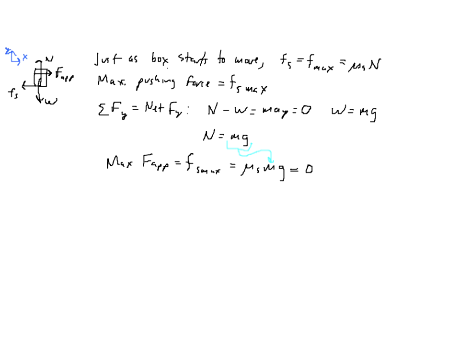So metal on wood, we'll just go with that, 0.5 times 120 kilograms times 9.8 meters per second squared, and we multiply all those things together and we get 588 newtons.